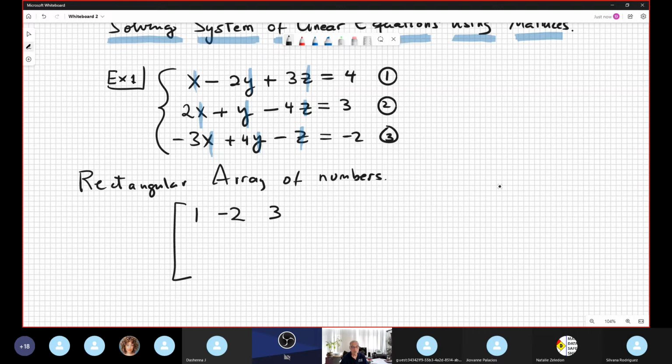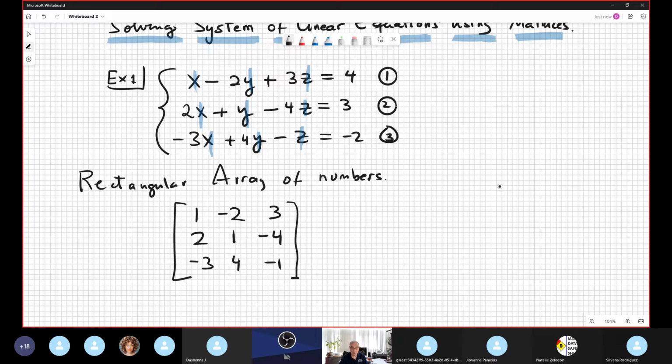This is my first row. This is important, row and column. Let me explain it like this. The second is 2, 1, negative 4. And the next is negative 3, 4, and negative 1. And this is the matrix, guys.